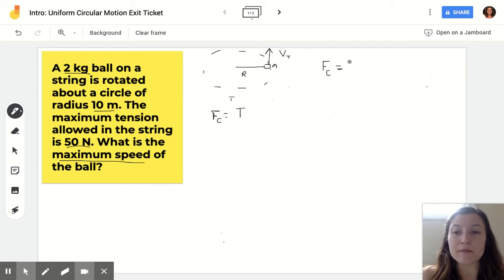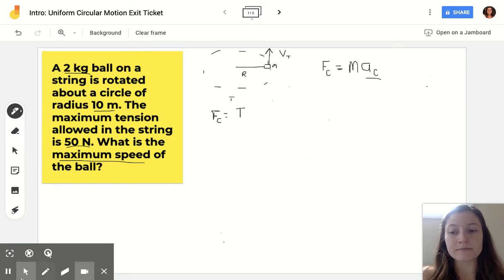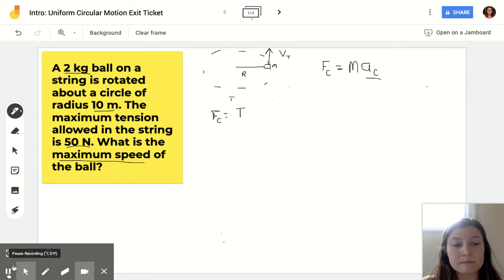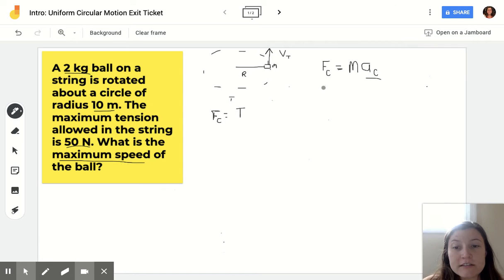We know that the sum of the forces, or the net force, must be equal to mass times acceleration. In this case, if it's a net centripetal force, it's going to give us our centripetal acceleration. So we know that the tension is equal to the centripetal force, so we can plug that in for the centripetal force, rather.